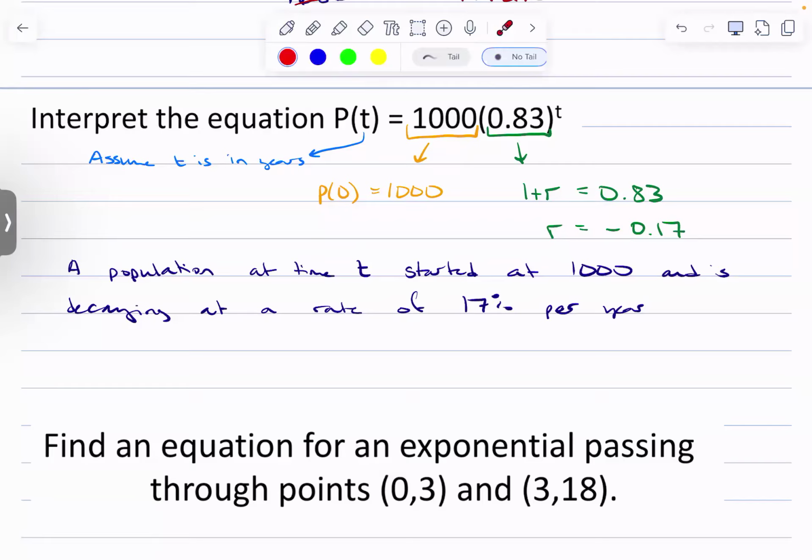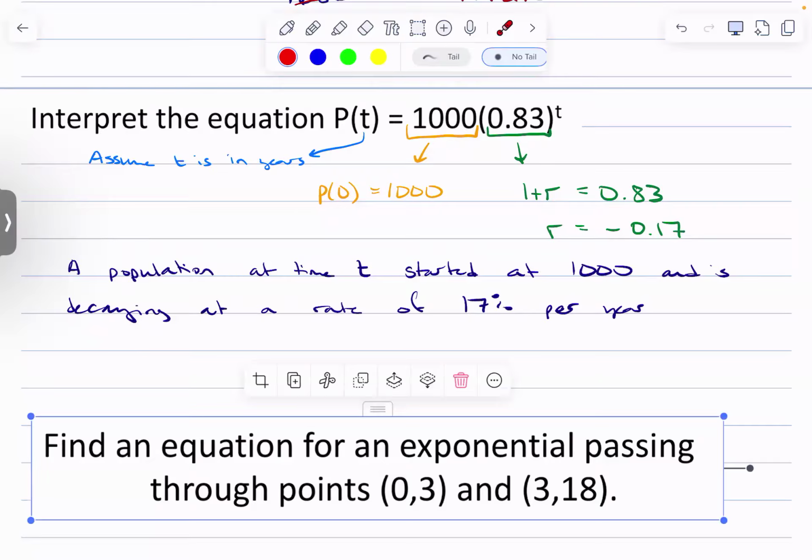Okay. Notice the negative is the decaying part, and then the rate is just 17%, right? So we don't say negative 17%, we say it's decaying at 17% per year. Nice. Good.